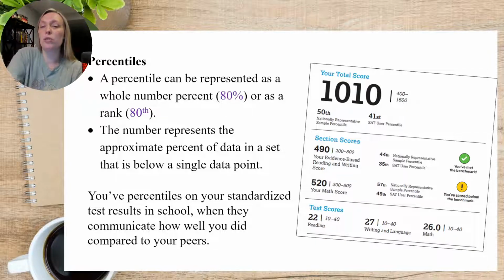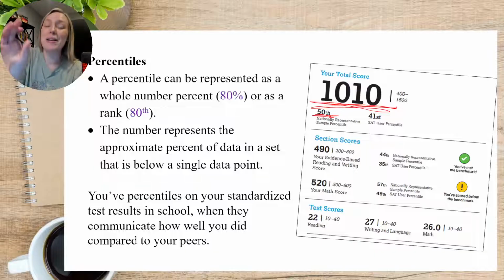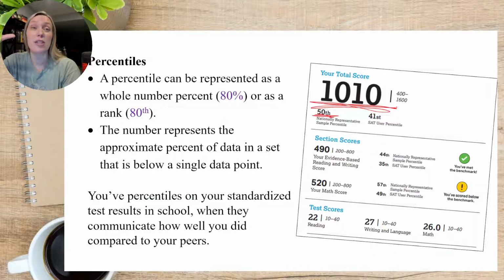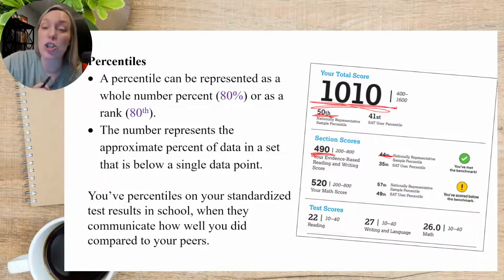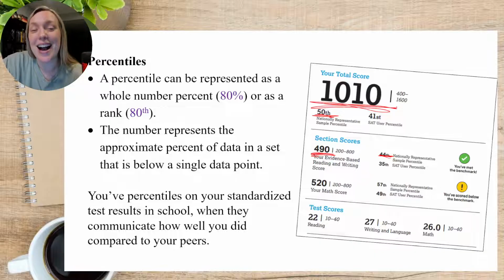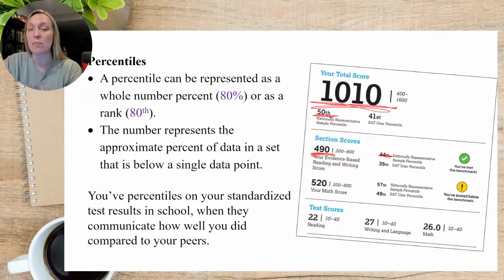So if you have this as your SAT score, 50th percentile means that 50% of the students who have taken it in the nation have scored lower than that score. On your reading and writing score, if you have a 44th, that means 44% of students scored lower than you on your reading and writing score. So the percentile represents the percent below.